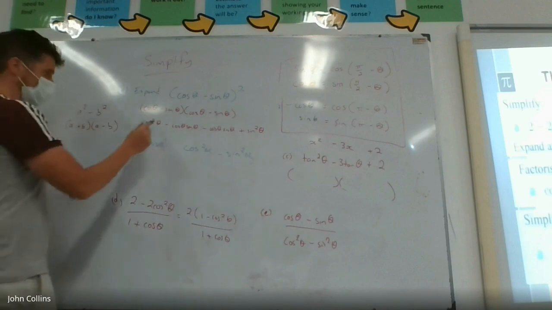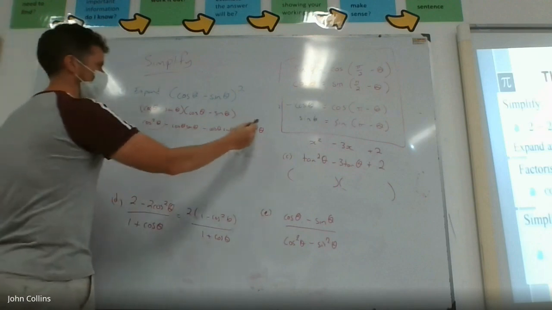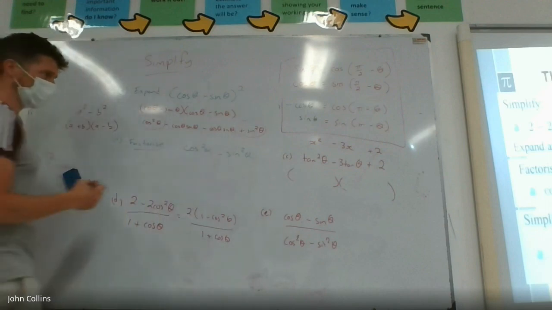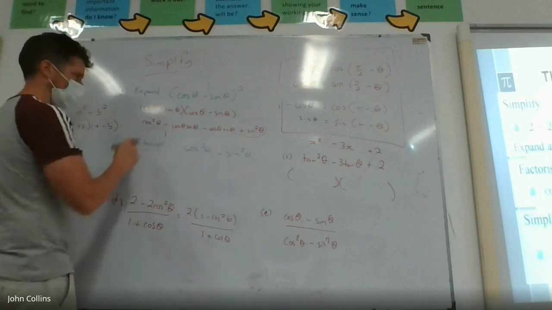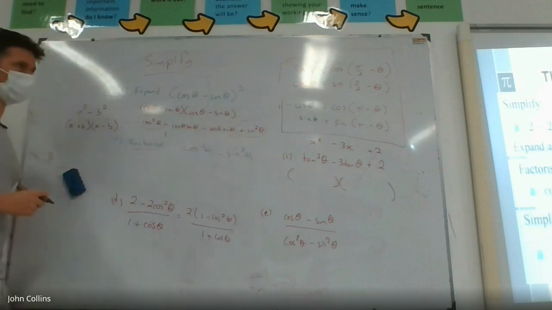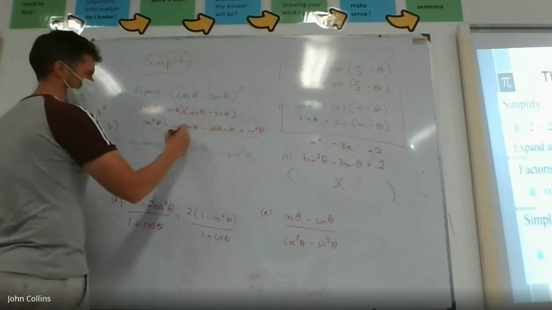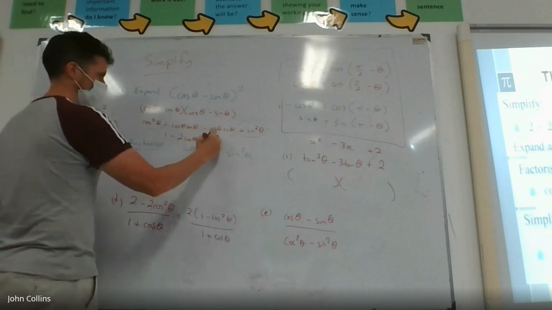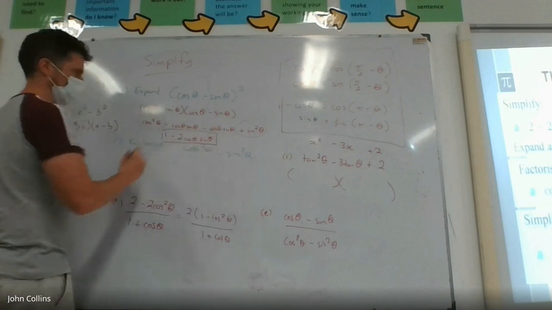Now hopefully you see that there's a cosine squared theta there and a plus sine squared theta. Those two together will form 1, from the Pythagorean identity. And there's 2 of these, so I can just say 2 cosine theta sine theta. And that is the answer.